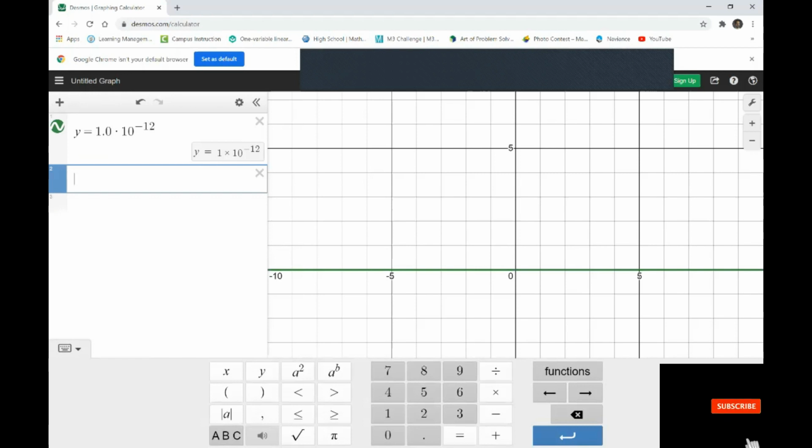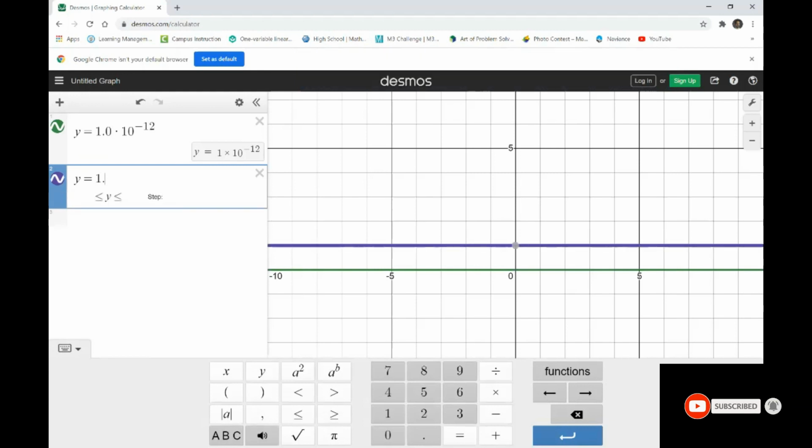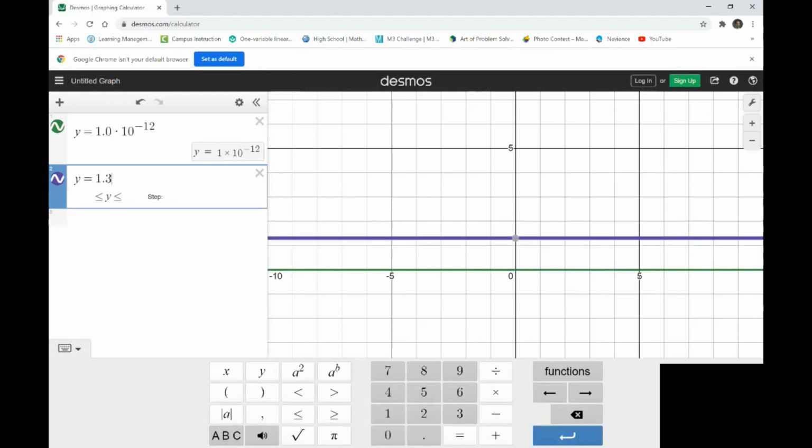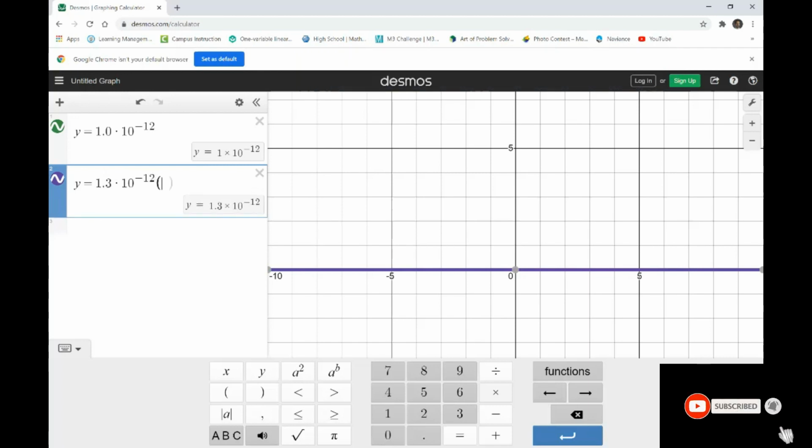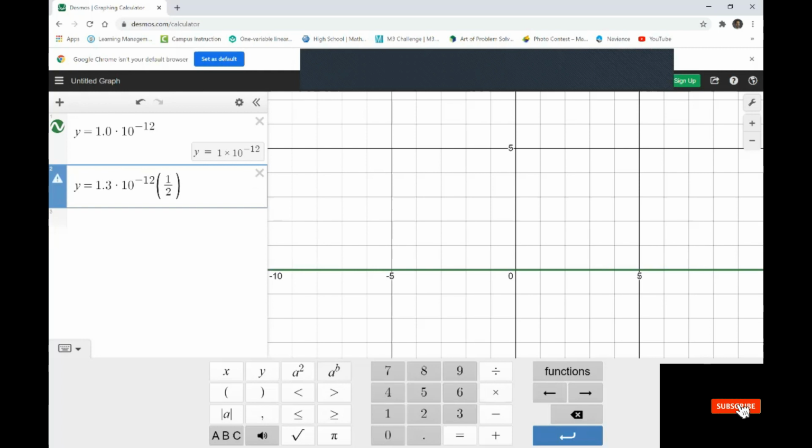The next equation we want to enter is y equals 1.3 times 10 raised to the negative 12, parentheses 1 half, close your parentheses, hit your exponent, x divided by 5,730. So instead of using t, we're going to use x.